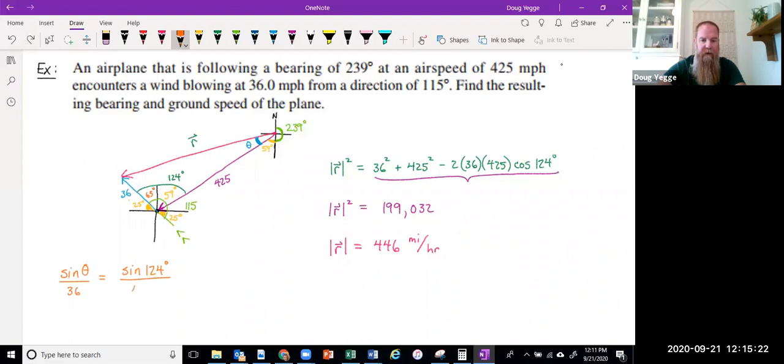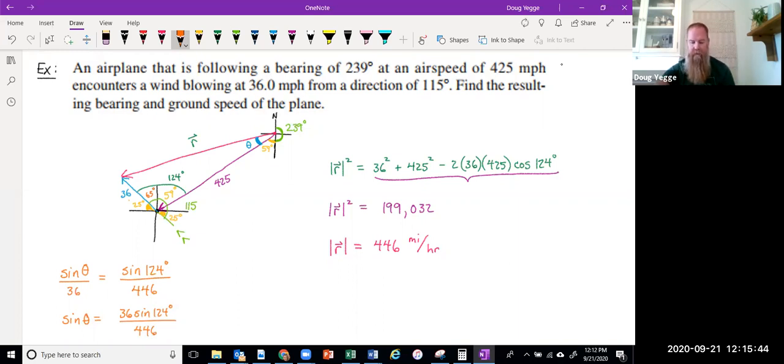So we can say that that is over 446. So by cross multiplying, we see that sine theta is equal to 36 times sine of 124 degrees over 446.